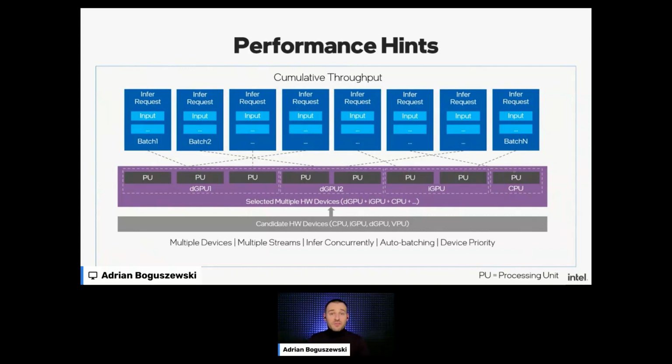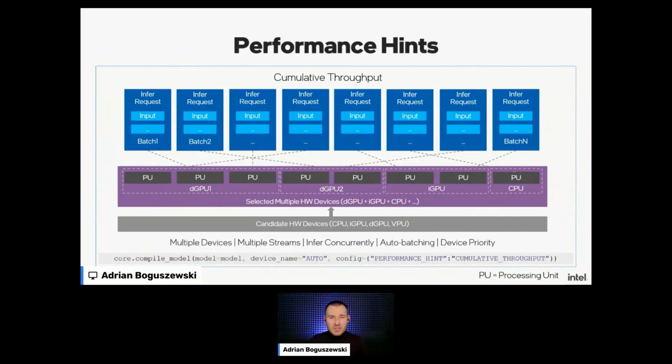So, for example, if you know that you would like to run on the discrete GPU most of the time, you can specify that the discrete GPU is the most important device for you, and Auto will care about it. And once again, to use cumulative throughput, please provide an additional config, performance hint equals cumulative throughput.